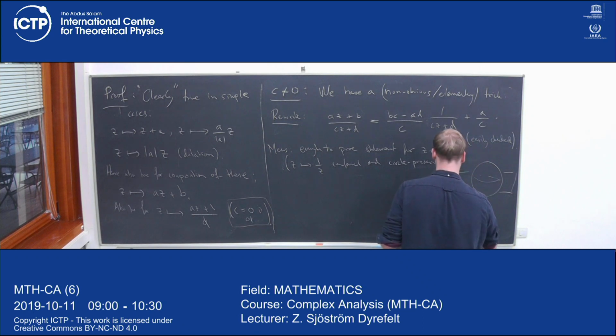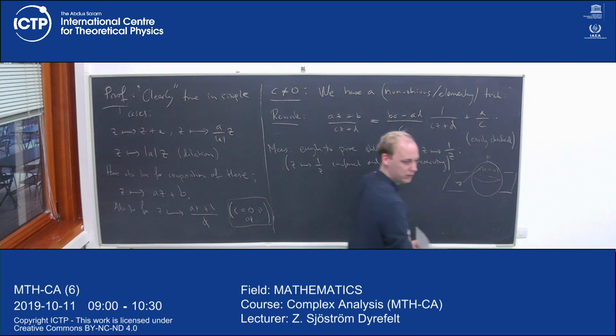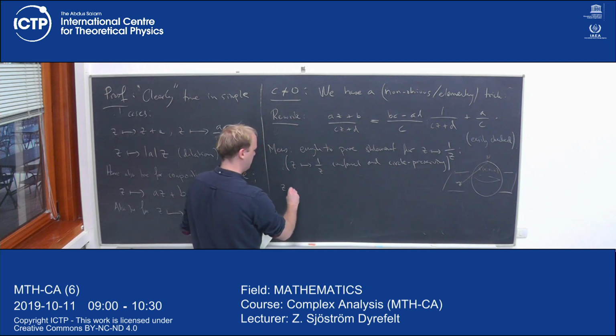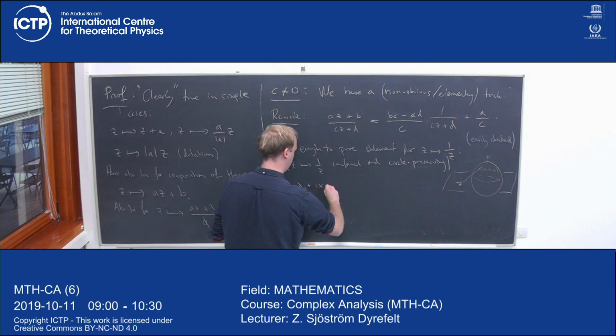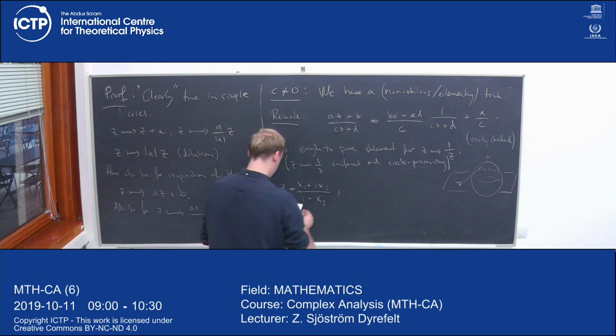We have here z, maybe use some color. We have here z, and this corresponds to the North Pole, and it corresponds to some x1, x2, x3 on the sphere. And we saw that z is equal to x1. This we showed last time. Maybe you remember it. So we showed this formula.